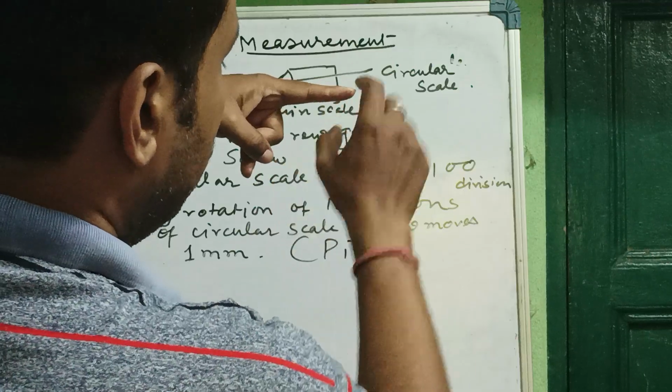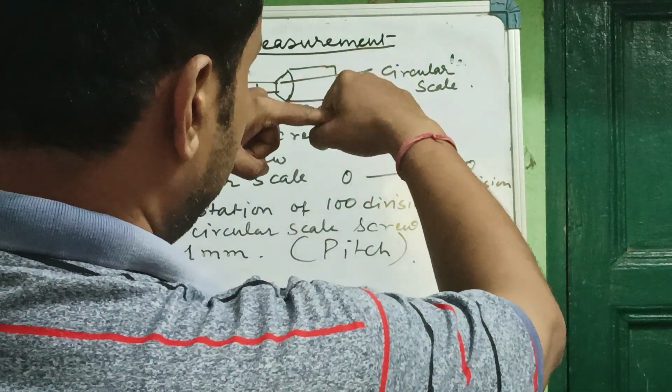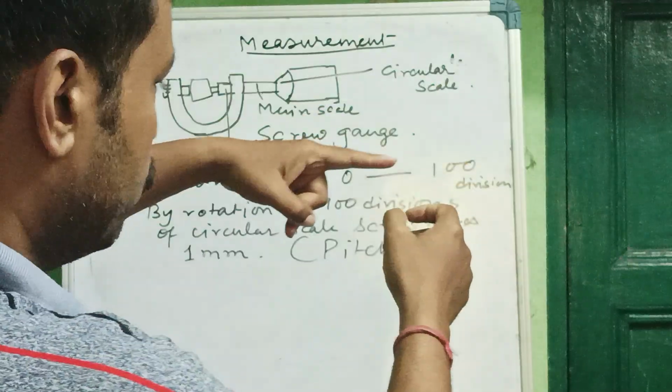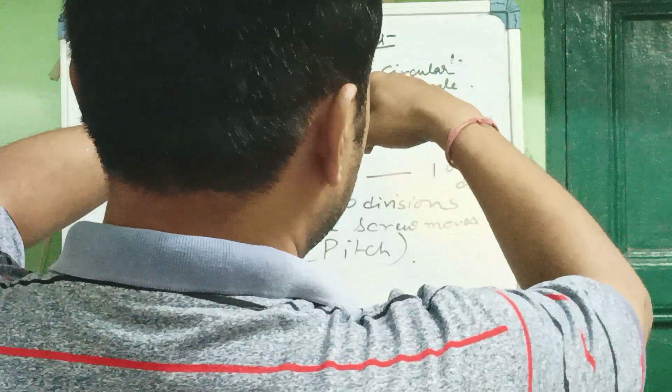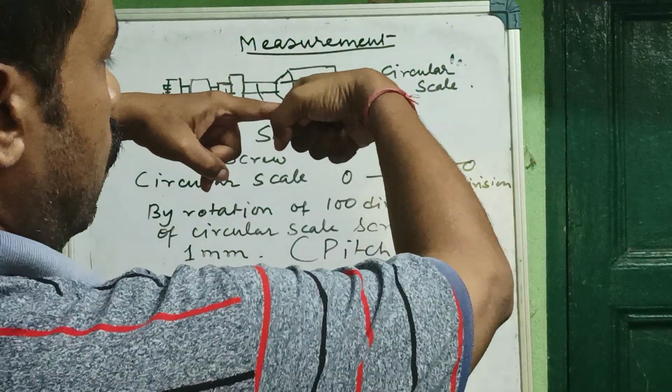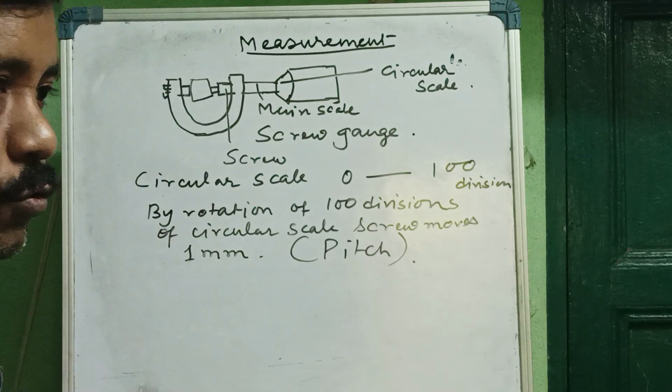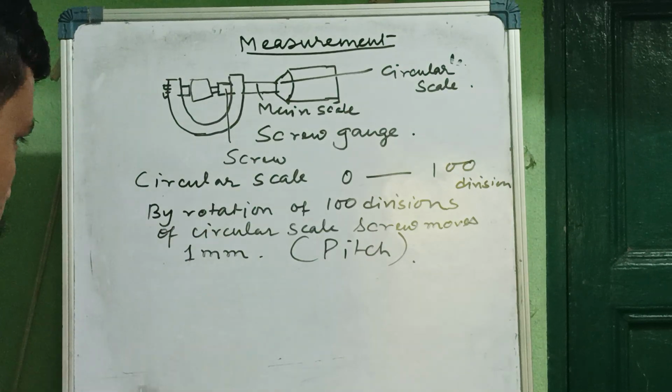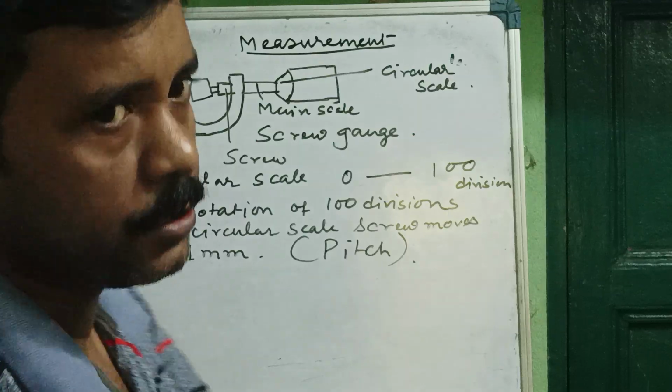Here the lines are the graduated or calibrated lines. So if 100 division rotations move the screw 1 millimeter, then the pitch is 1 millimeter.